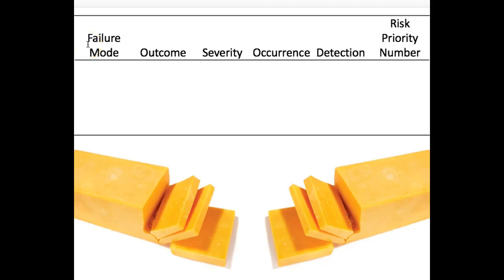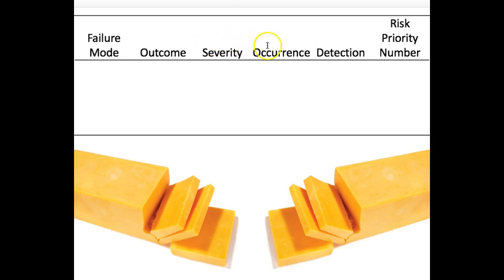Here's a basic failure mode and effect analysis table. So we've got the failure mode, what happens during the failure mode, the severity of the failure, how often the failure occurs, and how often the failure is detected, and the risk priority number. So for each failure, the severity, occurrence, and detection get scores of 1 to 10, 10 being this is a really bad problem.